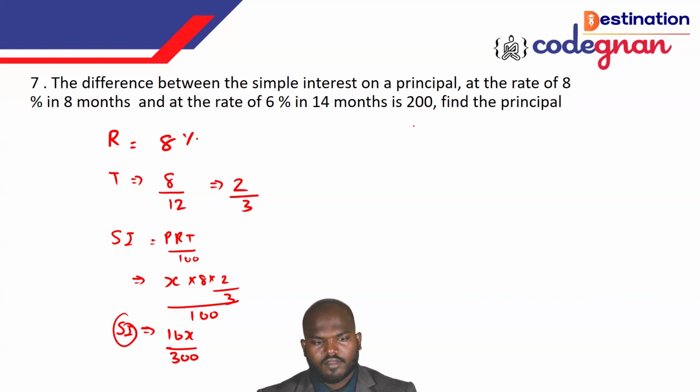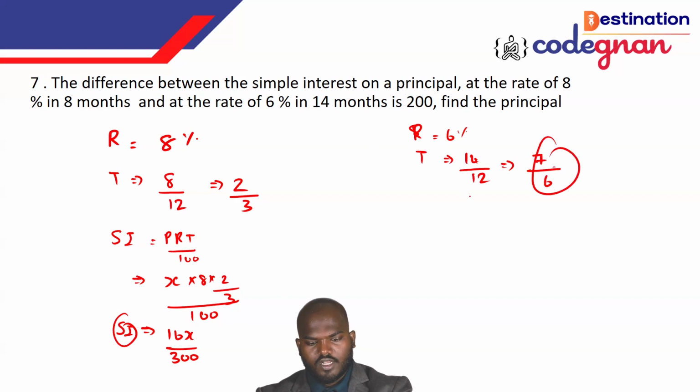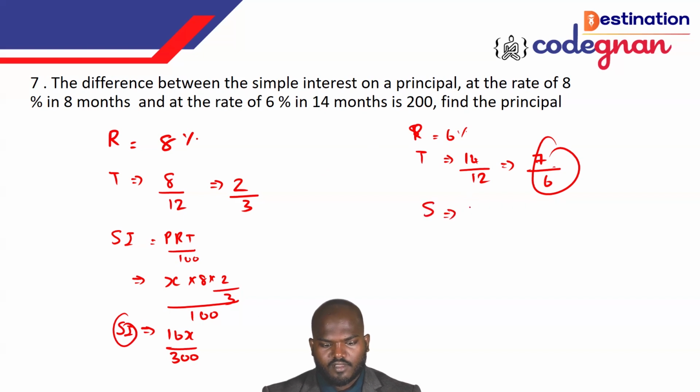And then the rate is 6%, and the time they are giving here is 14 months. Converting 14 to 12, it gives 7 by 6. Once you deal with this one, guys, simple interest equals PRT by 100. Applying the same, it will give you 7x by 100.